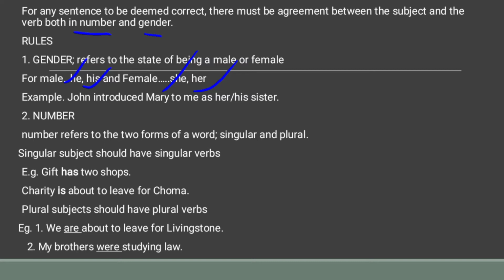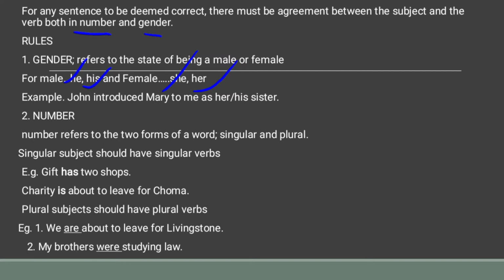Now, look at this example here. John introduced Mary to me as her or his sister. I want you to choose one. Which one is correct there?